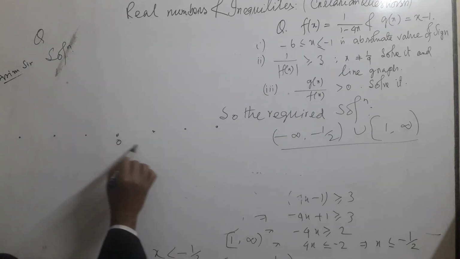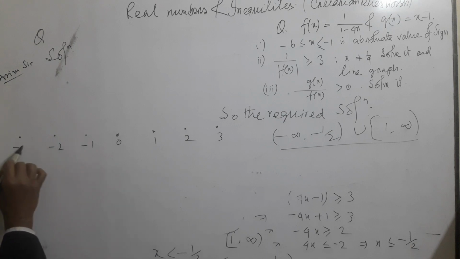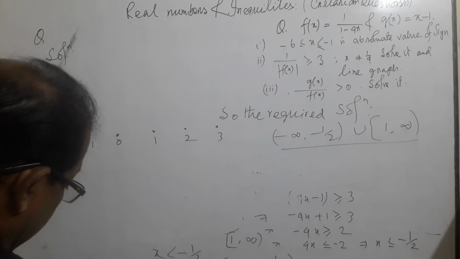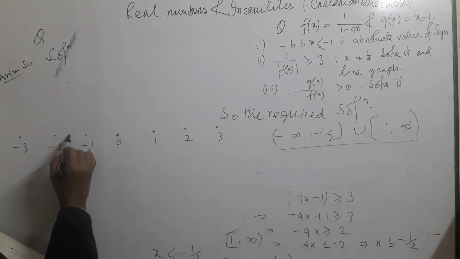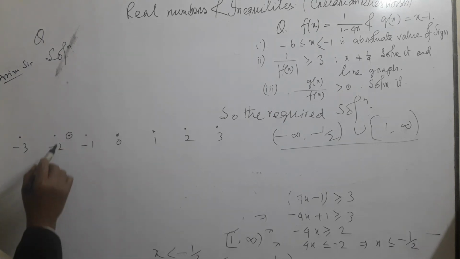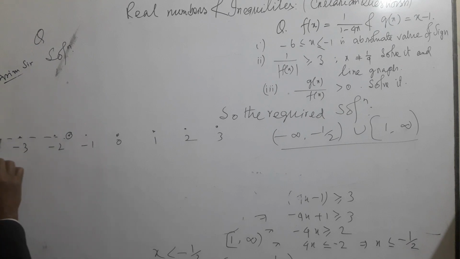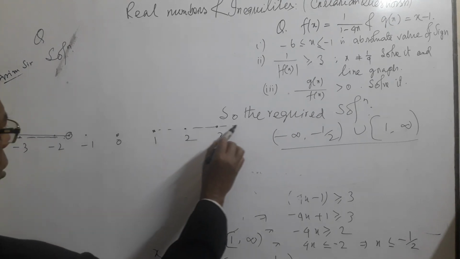So you have to deeply think about minus half. So this point is minus half, and from minus infinity up to minus half is a line graph, and 1 to infinity.